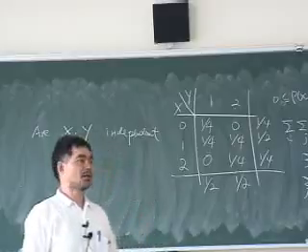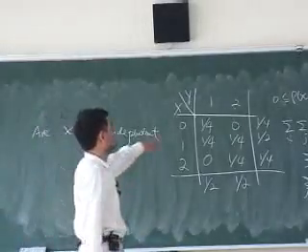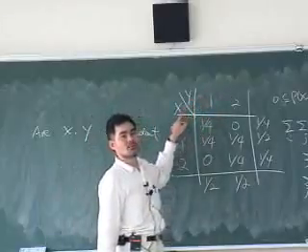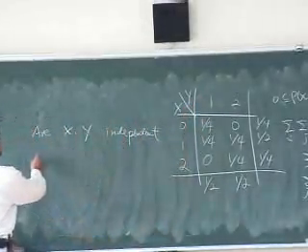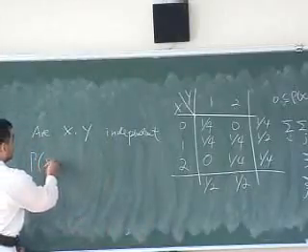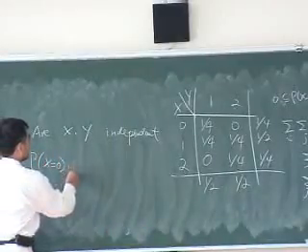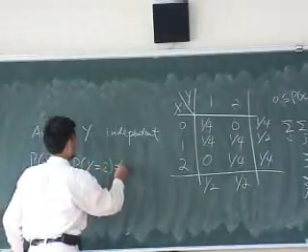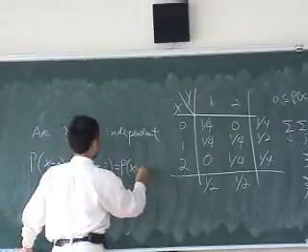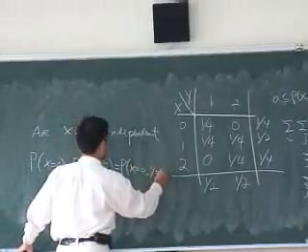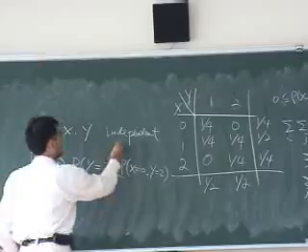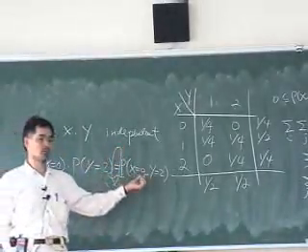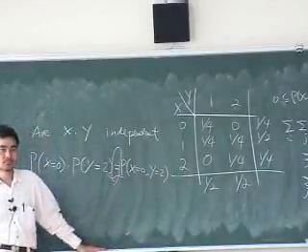But here you have to be careful because you have three numbers for x and two numbers for y. So p(x equal to 0) times p(y equal to 2) should be equal to p(x equals 0 and y equals 2). Can you tell me whether this equation holds or not? Is this one equal to this one? Yes or no?